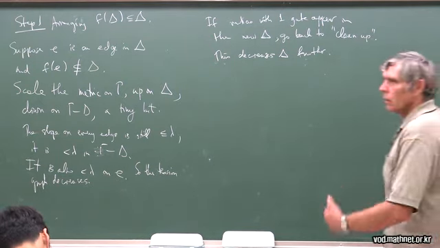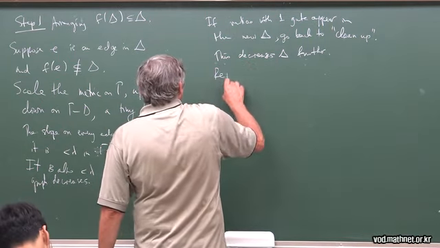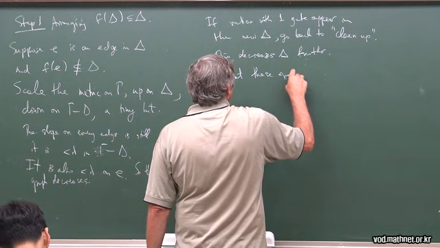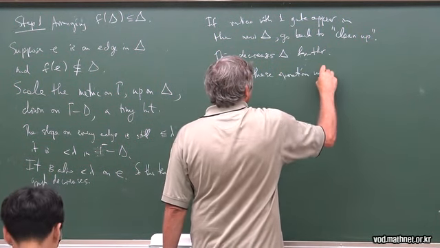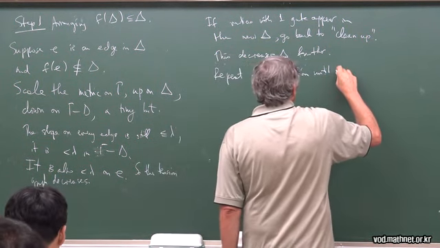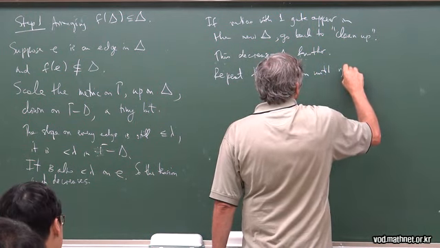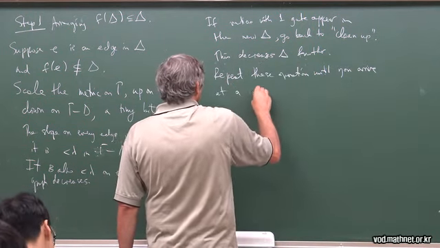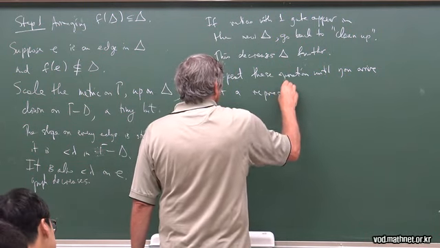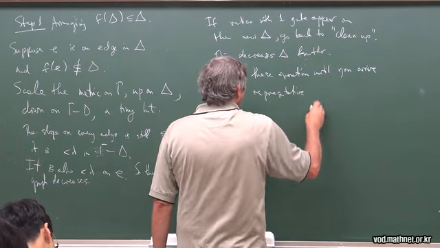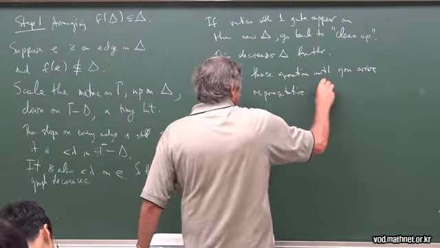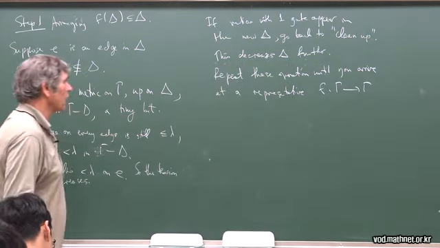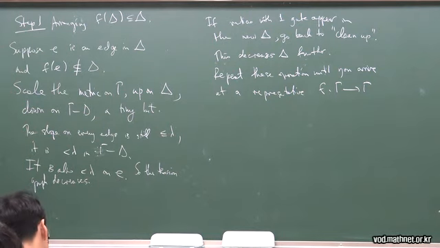Okay, so repeat these operations until you arrive at a representative, which I'll still call f from gamma to gamma. It should probably be gamma prime or some new name, but anyway, let's just call it f.